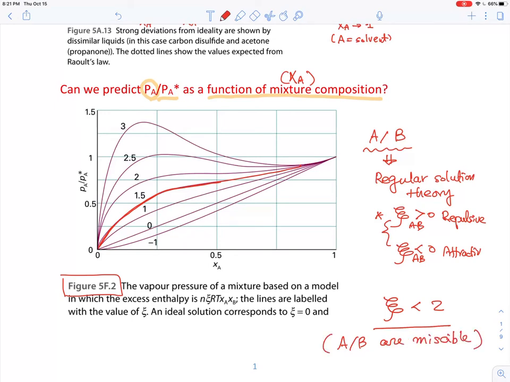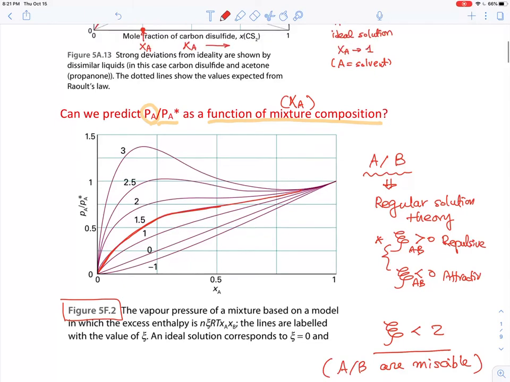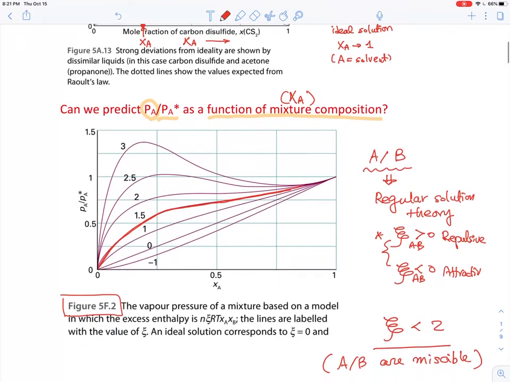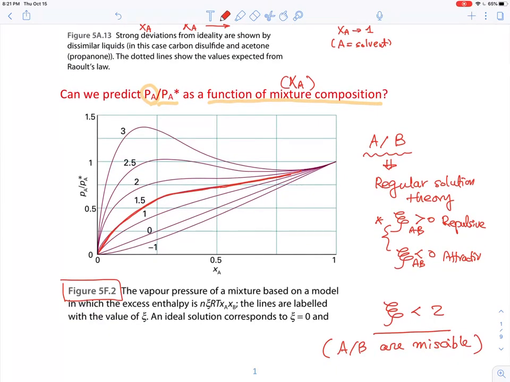Okay, so acetone and carbon disulfide are still miscible, but they can be represented at the level of, I guess, disfavorable repulsion within this miscible mixture, and then we can fit this value shown up here.